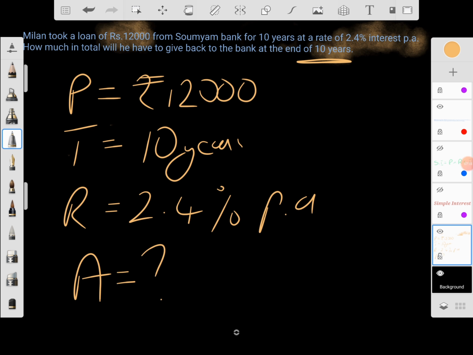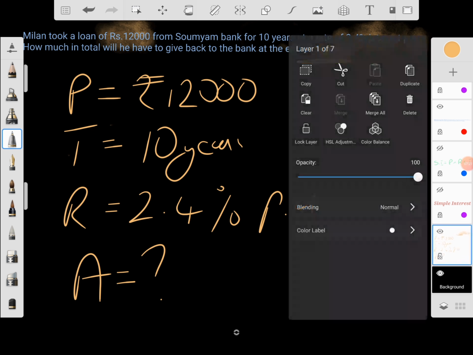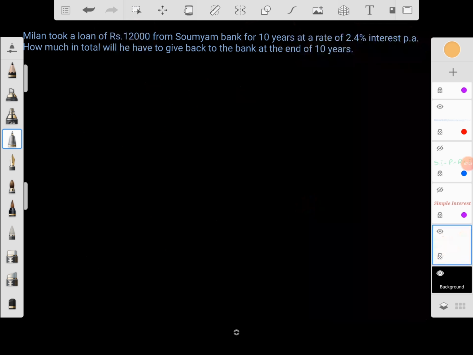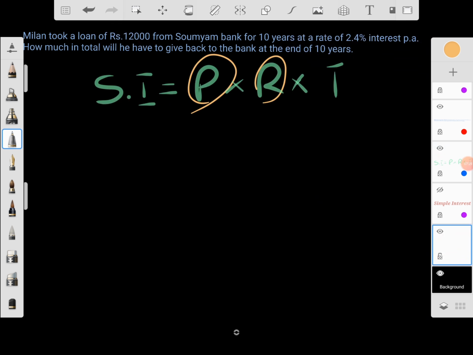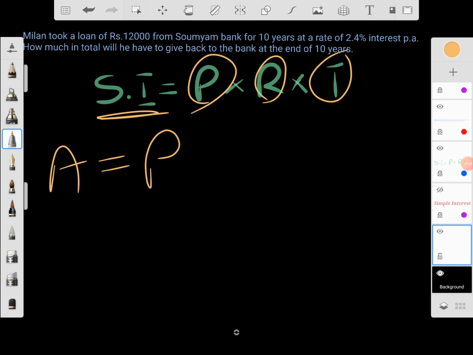Nice. So let us look at our formula and see what all we need. This is our formula. We have P, we have R, we have T. So first let us find interest. Then we know that our total amount is principal plus the interest, SI or IS, however you call it.